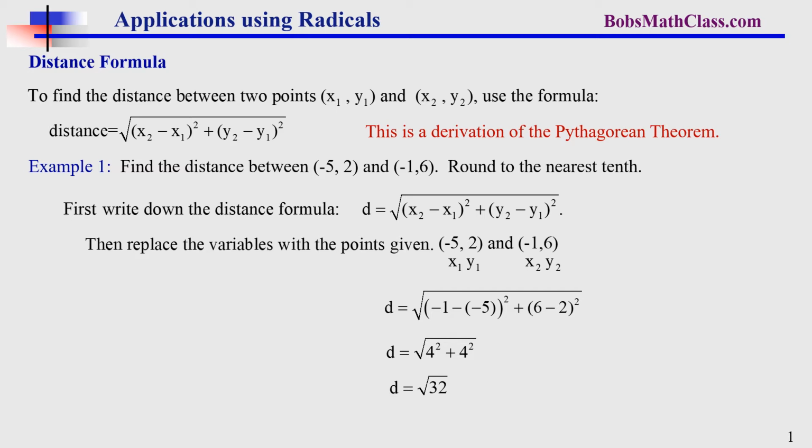Now, we could write this in simplest radical form, but the directions indicate to round to the nearest tenth. So hit your square root button, and then put a 32 inside, and then hit equals. And then you may want to hit the SD button, and it'll give you approximately 5.7.